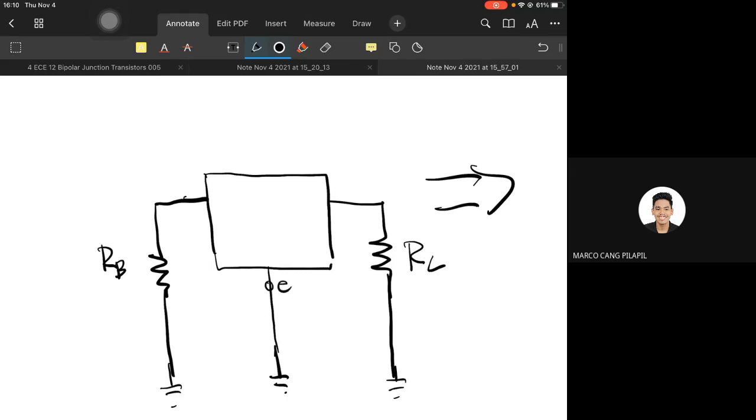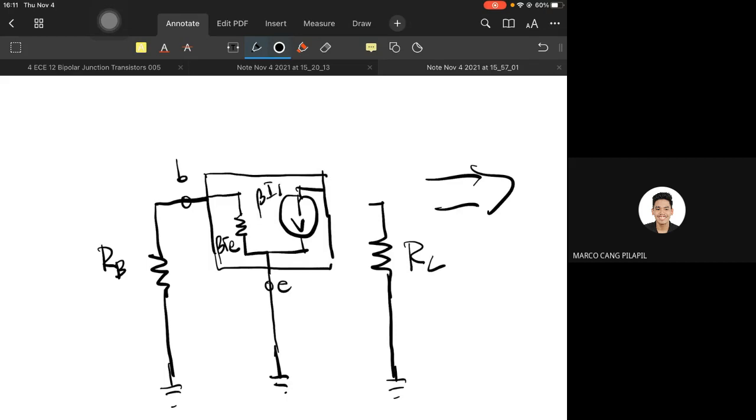This is the emitter, the base, and the collector. Diba internally sa sulod, it's as if naa'y resistor here that we call beta RE, and a current source that we call beta IB.